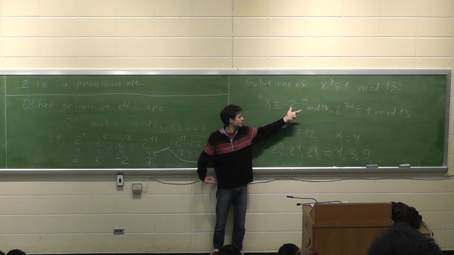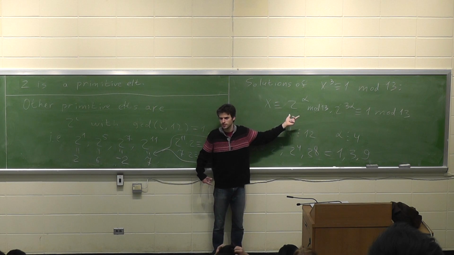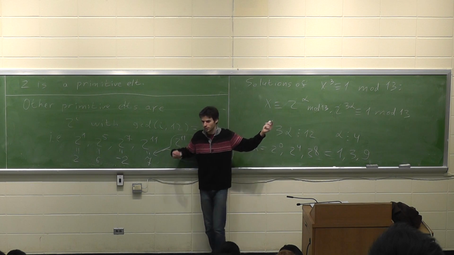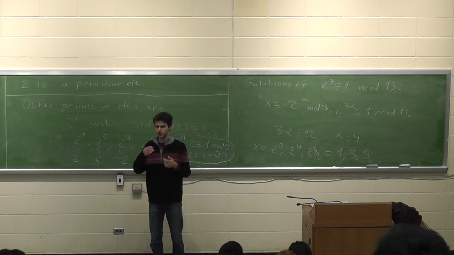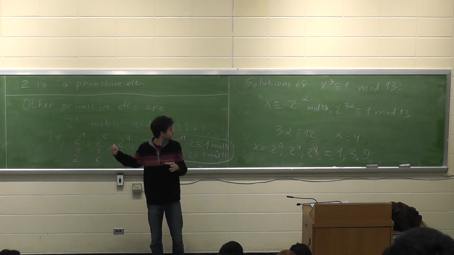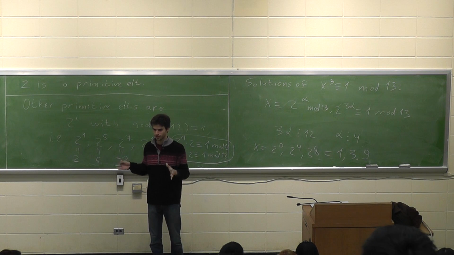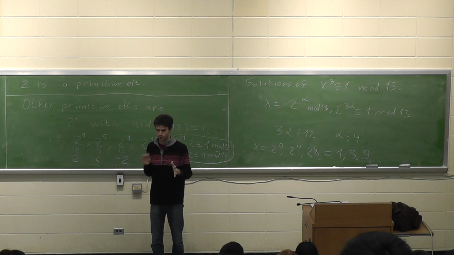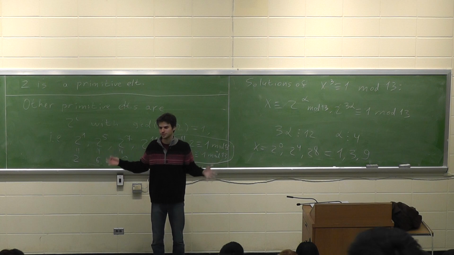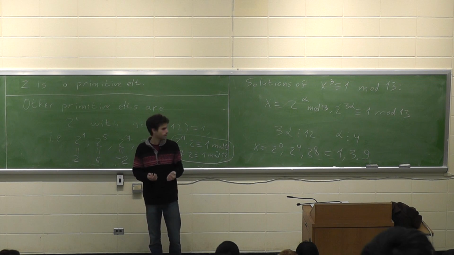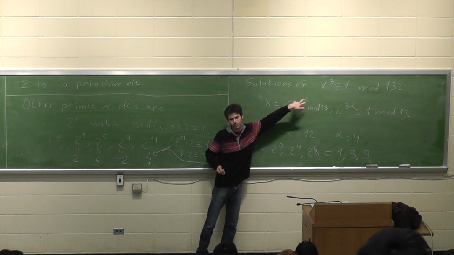That's the meaning of saying that 2 is a primitive element. All the powers of 2, from 2 to the power 0 to 2 to the power 11, are different elements. There are 12 of them. So this set covers all possibilities. Every element is a power of 2.